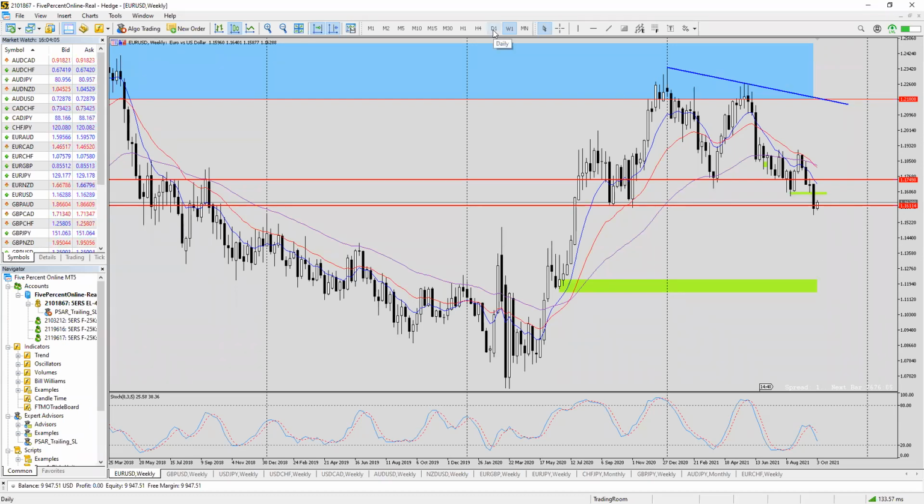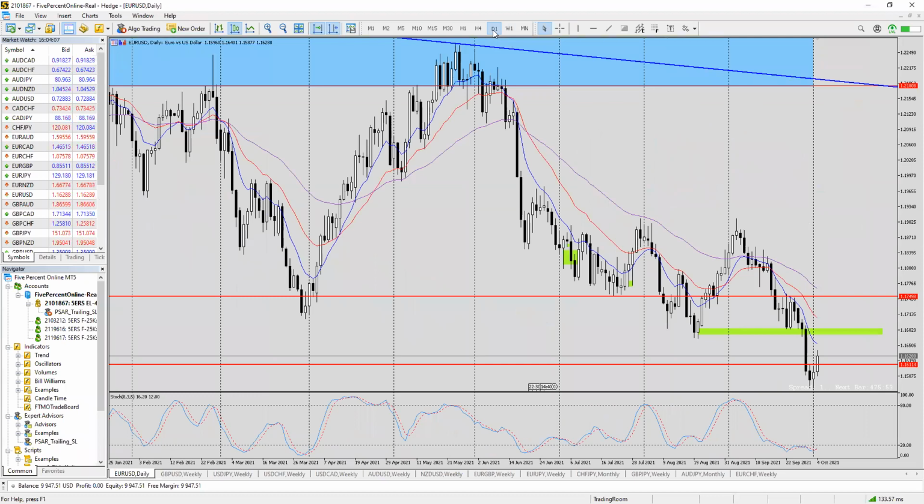Obviously, we're not trading off the weekly charts, we're trading off the daily or hourly charts. In this case, possible entry levels could be around this level, either around the 9 EMA or the 10 EMA if you're using one, or the 20, 21 EMA, if they come down here, retest, and then maybe form a reversal pattern: a doji, a bearish engulfing candle, a morning star, an evening star, a shooting star pattern, something like that.